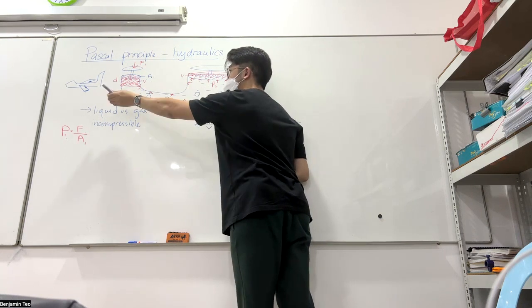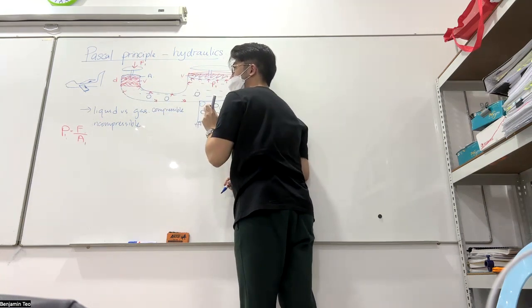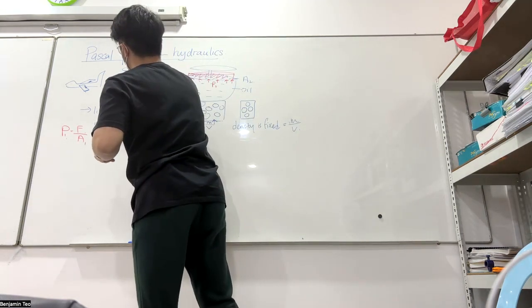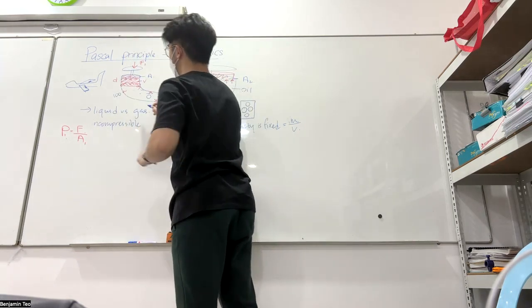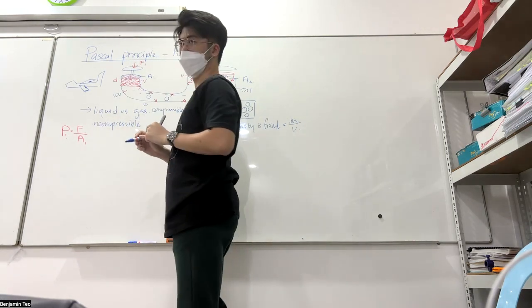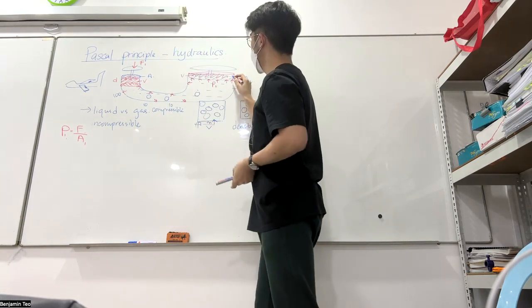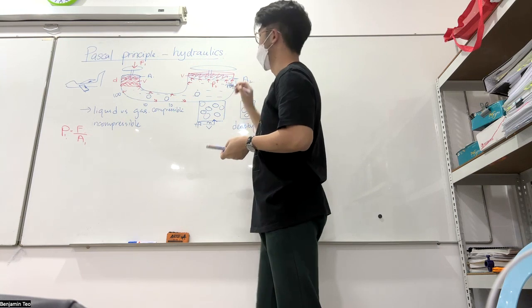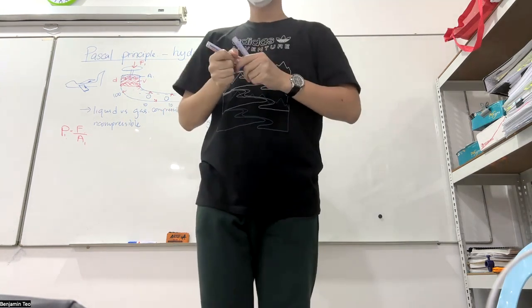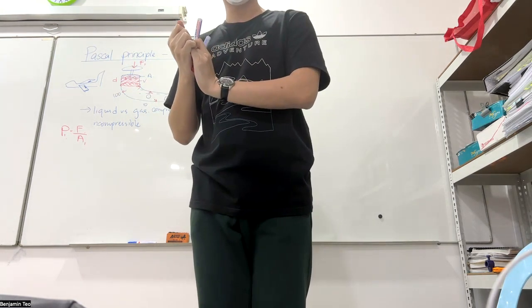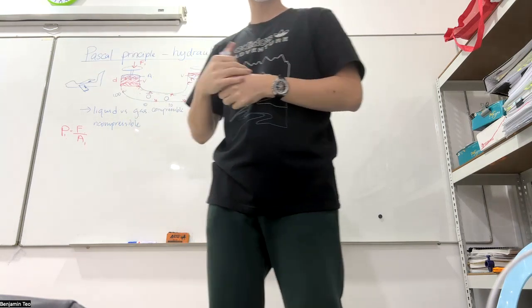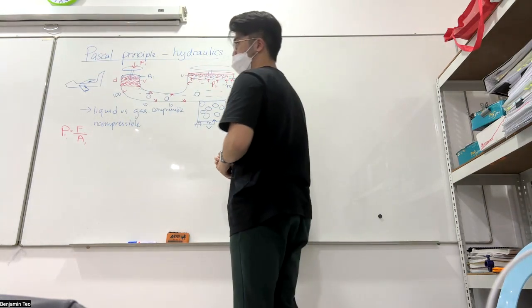So if you've got air bubbles, you apply pressure here. Let's say you apply 100 bar pressure. 10 is used to compress this one. Another 10 is used to compress this one, compress this one. So now reaching here, how many? 70. 30 is already lost to compress the air bubble, which we don't want. So it's pressure loss.